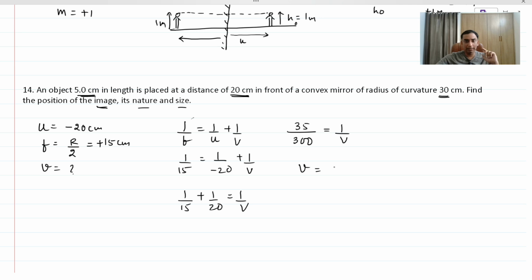So on reciprocating I get v equals 300 divided by 35, right? So this answer is probably less than 10. So let me divide this. 5 7s are 35, 7 6s are 42, approximately 8.5 centimeters I should be saying, and that answer is coming positive. So this is the v that we have found out.